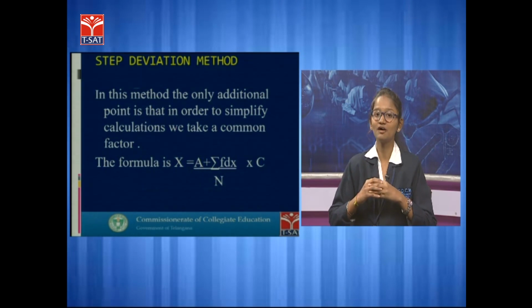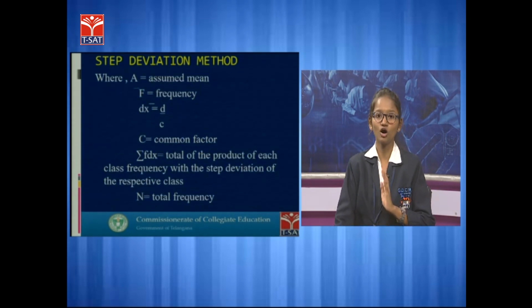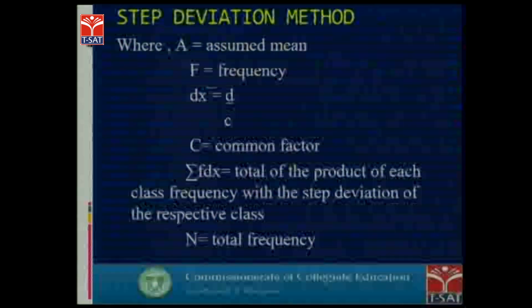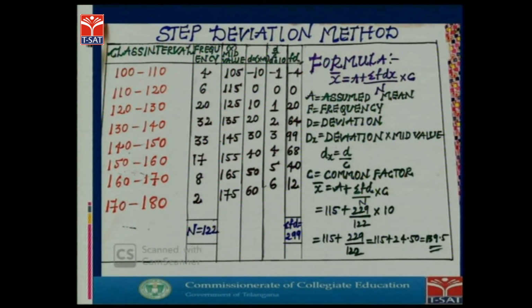So the formula for calculating mean in step deviation method is x bar is equal to a plus sigma f dx divided by n into c. This is the formula of step deviation method to calculate mean. So now let's see a sum which deals with the step deviation method.